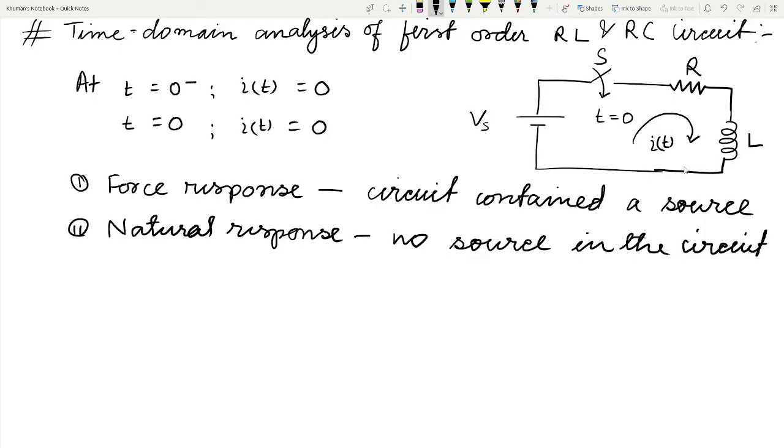Okay, then we will apply KVL in the circuit and we will draw the equation.